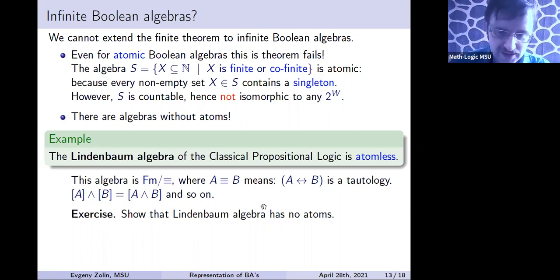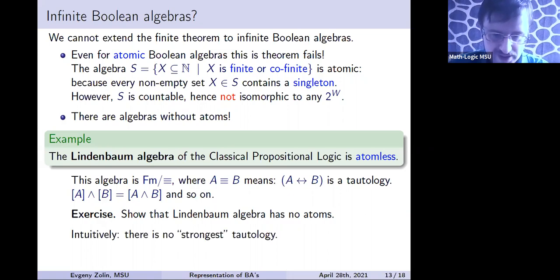So less than or equal, this relation in this Boolean algebra means that the formula B is stronger than A. And you can easily show that if you have any formula that is not equivalent to false, then there is another formula B, stronger, such that B implies A is a tautology, and B is again not equivalent to false.